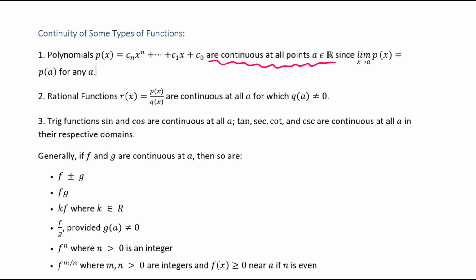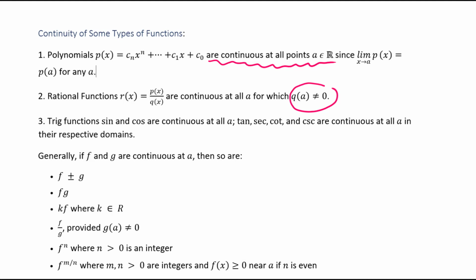Rational functions, that's 2, are continuous at all points for which the denominator does not equal 0. And finally, 3, trig functions. Sine and cosine, those are nice waves. They're continuous at all a. Now, the tangent, secant, cotangent, and cosecant are continuous at all a in their respective domains.